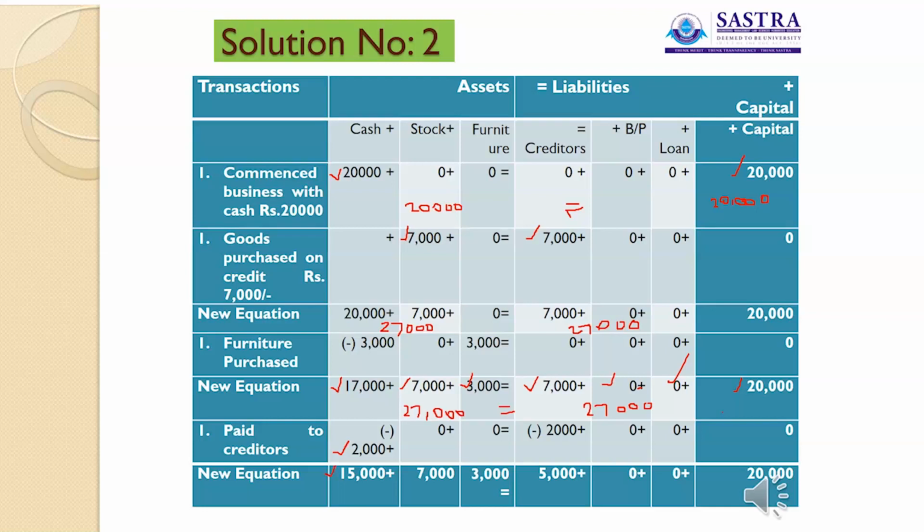So here what is the total value? Here 17,000 minus 2,000, 15,000. Here 7,000, here 3,000, here 7,000 minus 2,000, 5,000, here 0, here 0, here 20,000. Is it clear? So 17,000 minus 2,000, 15,000.